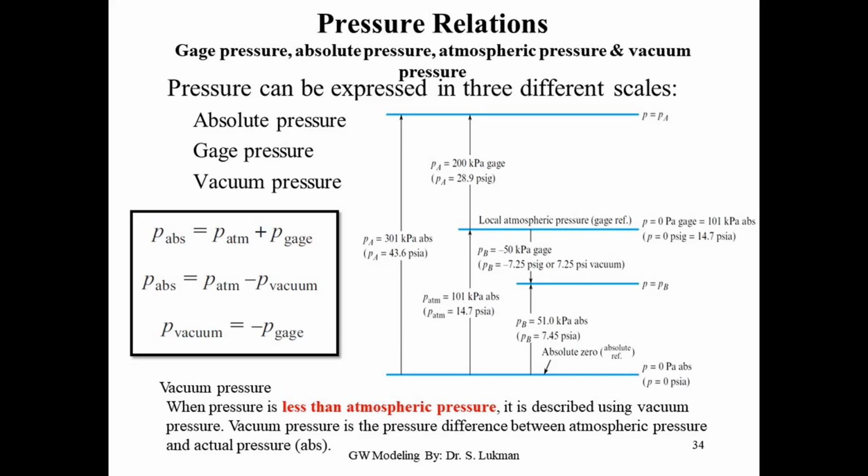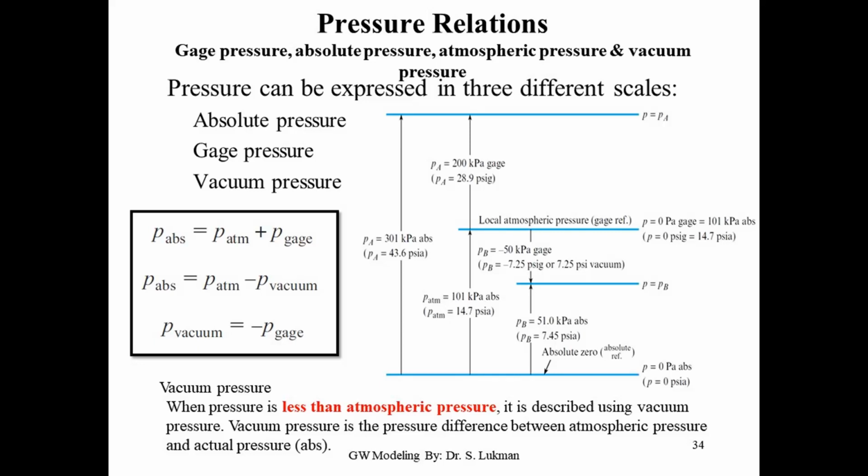If it is below the atmospheric pressure, what do we call it? It is vacuum pressure. So, vacuum pressure is negative gauge pressure. That's how they are related.